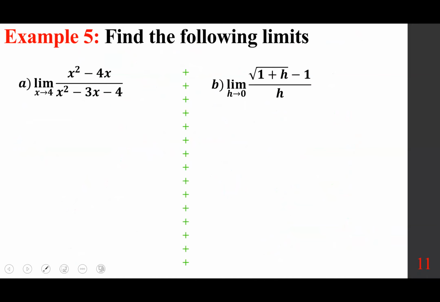We want to find these limits, and the first one, what happens if we plug in 4, everybody?